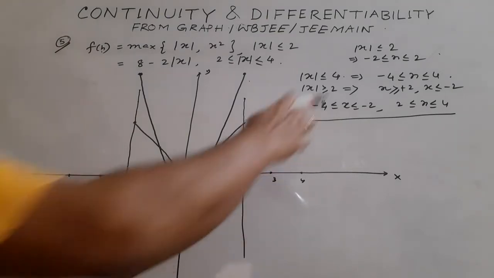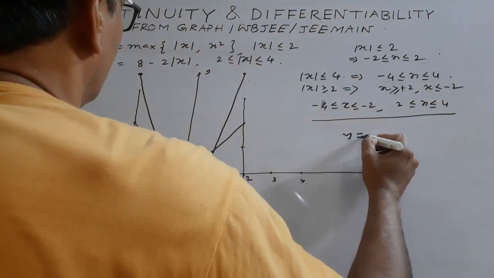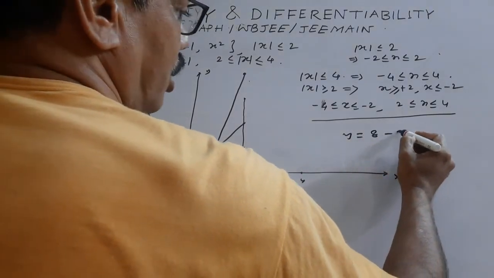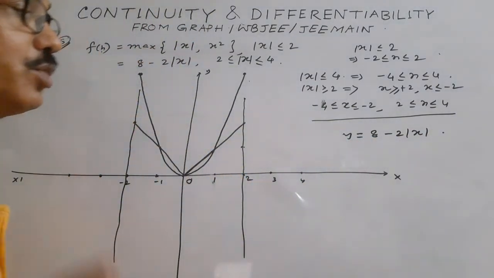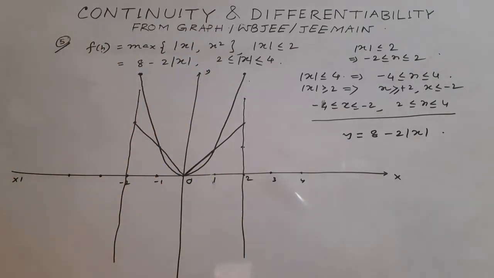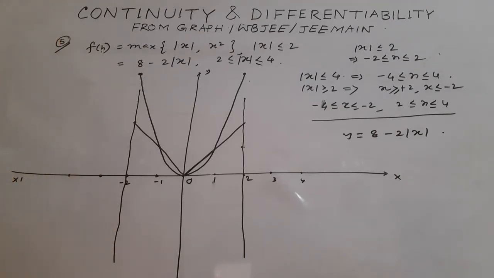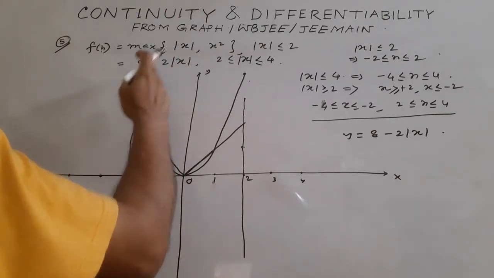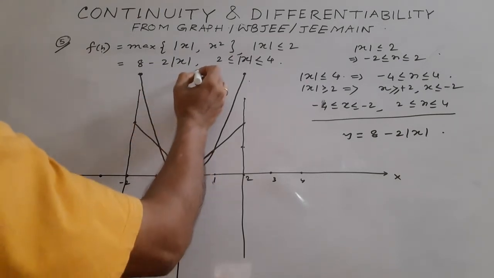And for this part, y equals 8 minus 2 into mod x. You look, 8 minus 2 into mod x. The graph is 2 into mod x. And at 8, this is 4.